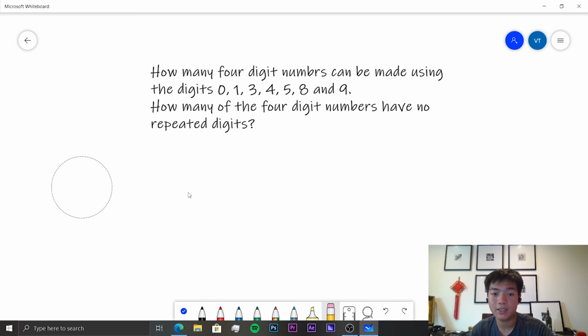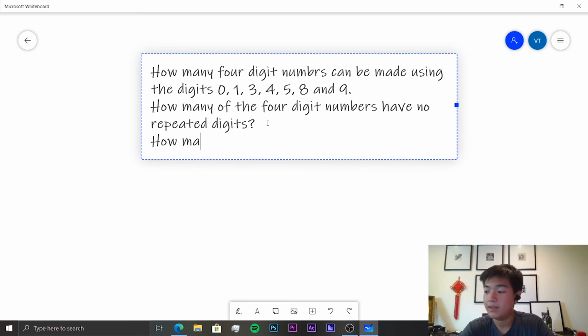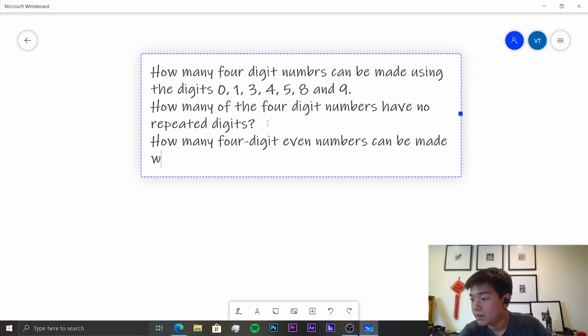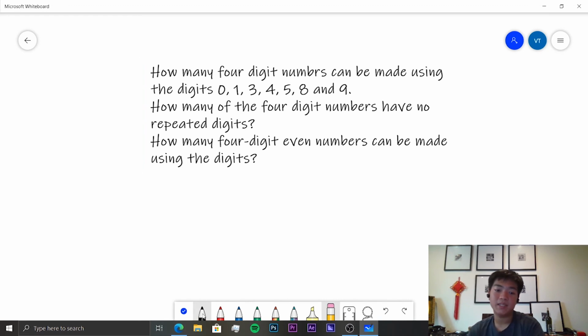So now our next question is how many 4-digit even numbers can be made using the digits? Okay, so I think they don't have to be distinct again. So how many even numbers do we have? We have 4 and 8.